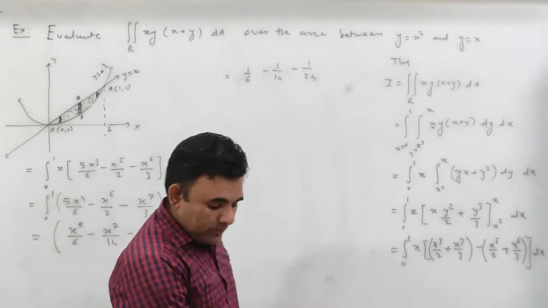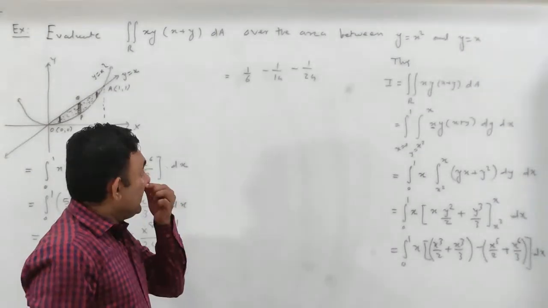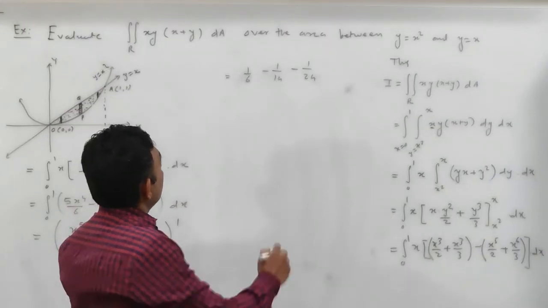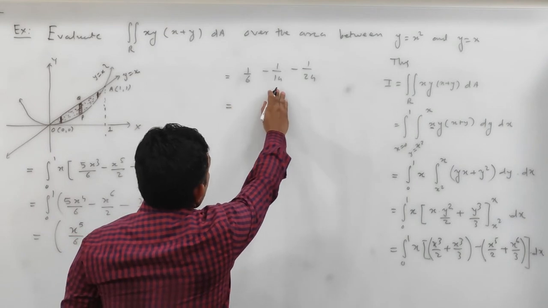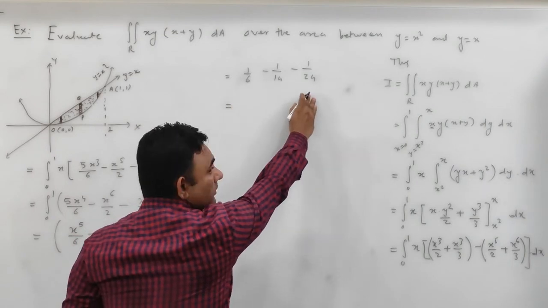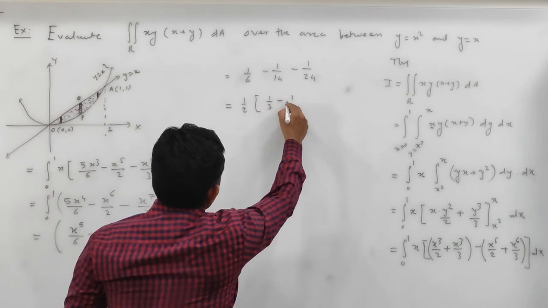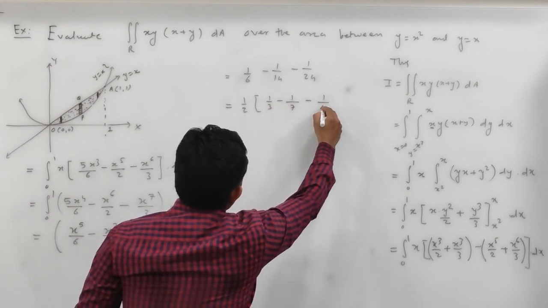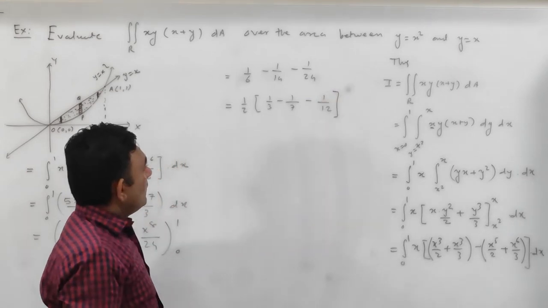Now this is just a simplification. Here you can see it is 2 into 3, 2 into 7 and 2 into 12, so 1 by 2 is common. We are left with 1 by 3 minus 1 by 7 minus 1 by 12. So what will be the LCM?